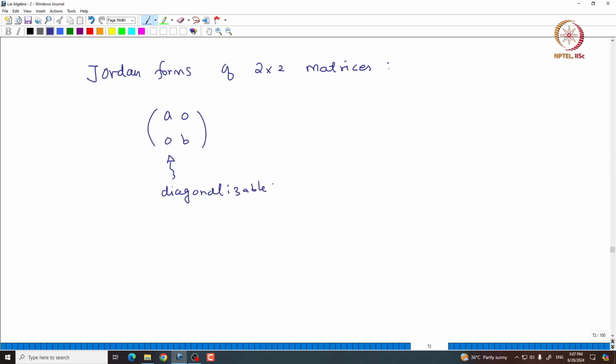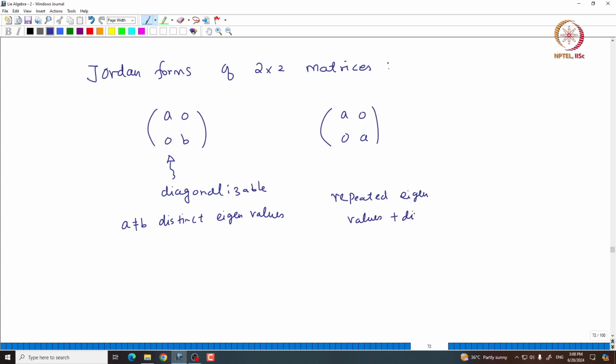We may also have a diagonalizable matrix with repeated eigenvalues. In that case we will have the scalar matrix A 0 0 A. So, distinct eigenvalues in the first case; in the second case, repeated eigenvalues but diagonalizable.